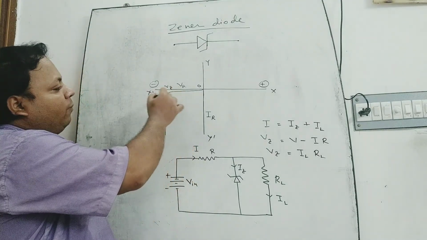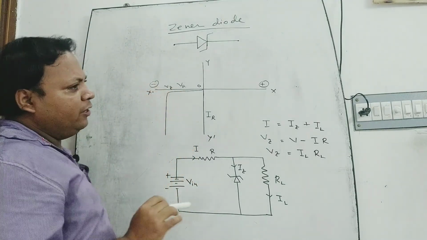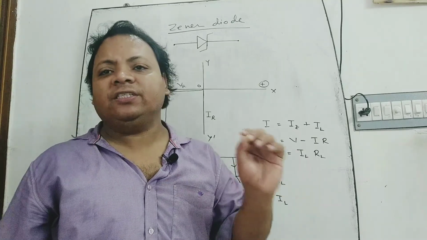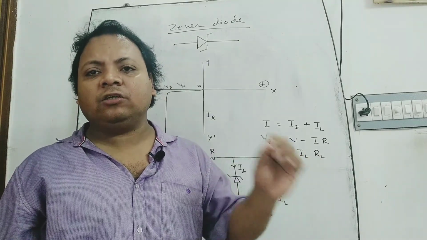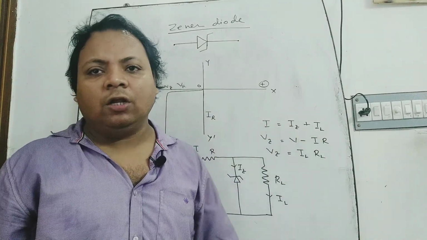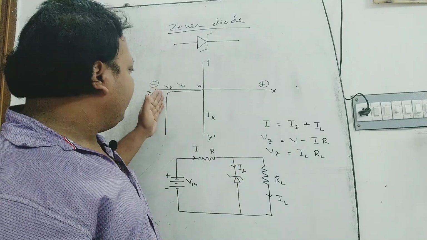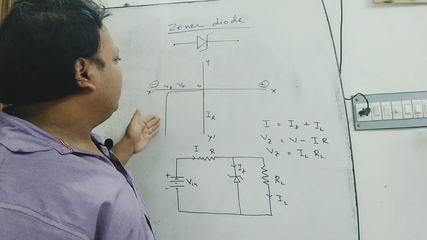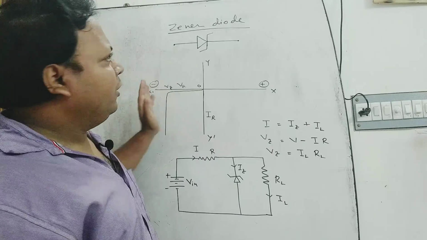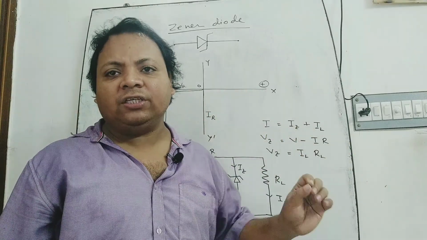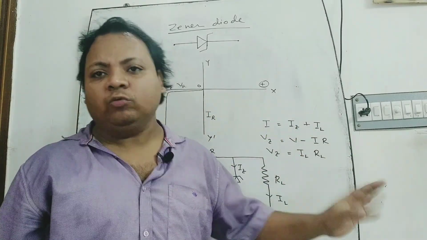Although the variation of the reverse potential is very small, the current that can pass through the diode at the Zener breakdown voltage is huge.